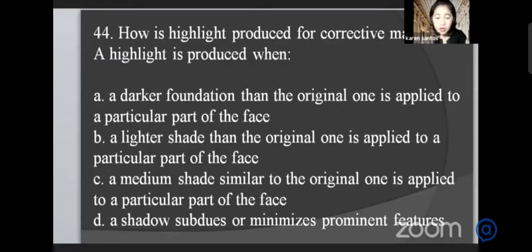C. A medium shade similar to the original one is applied to a particular part of the face. And letter D. A shadow subdues or minimizes prominent features. Again, for question 44, how is highlight produced for corrective makeup?